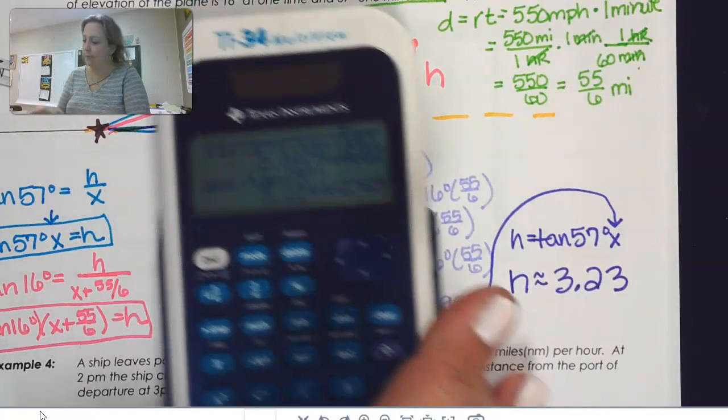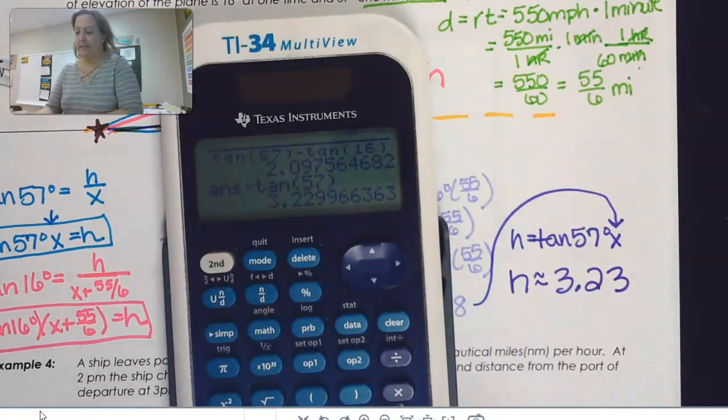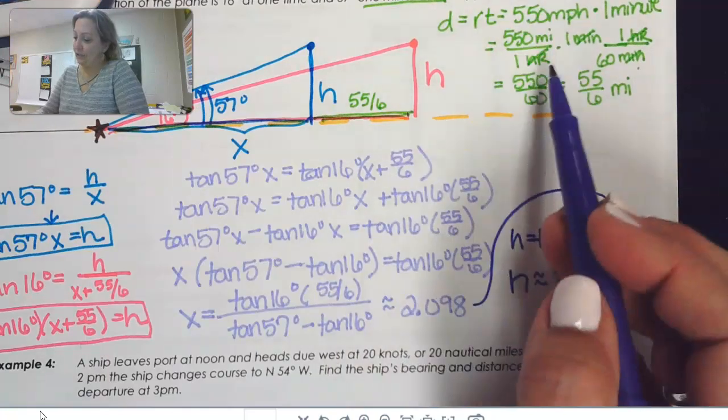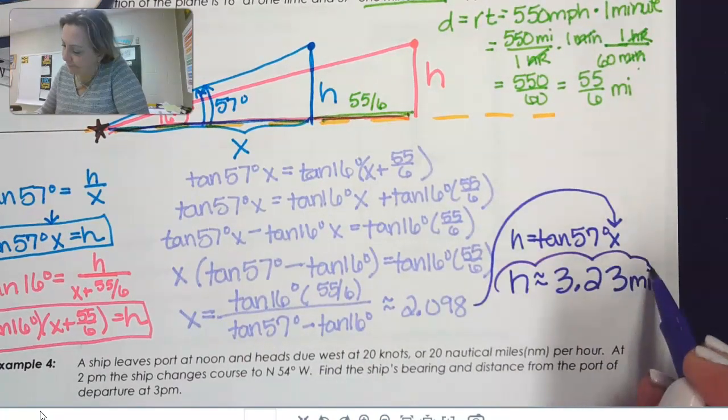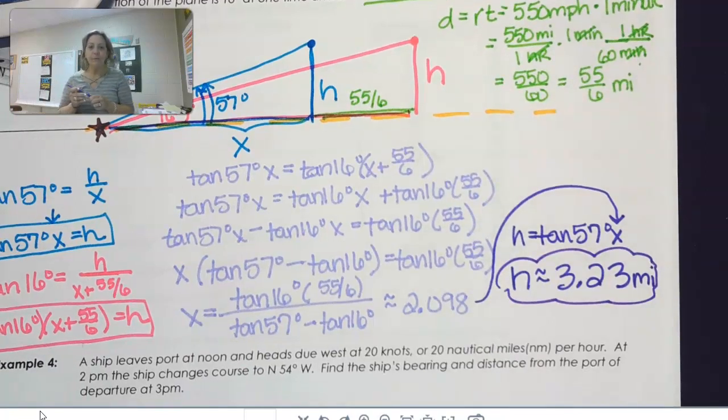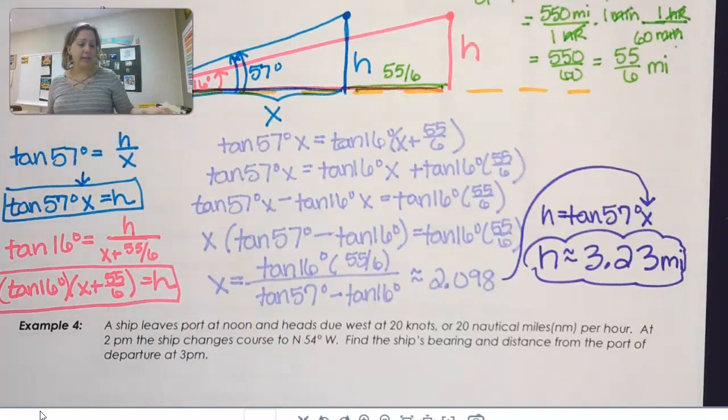So that's going to be 3.23. And the unit that we were dealing with is miles. So again, it looks worse than it is. It's really just setting up right triangle trig, to be honest with you, and then manipulating around.